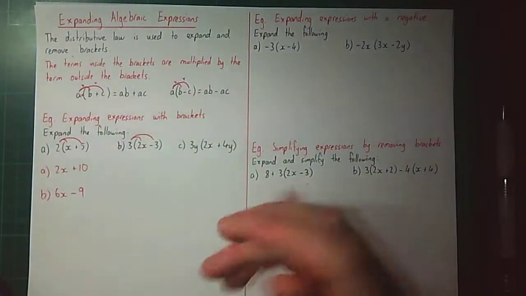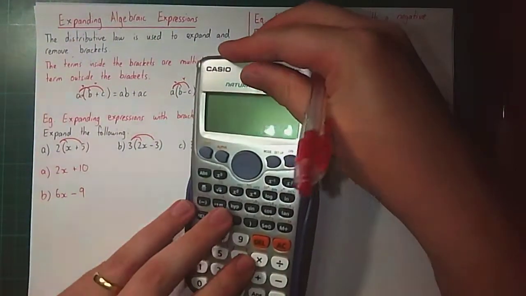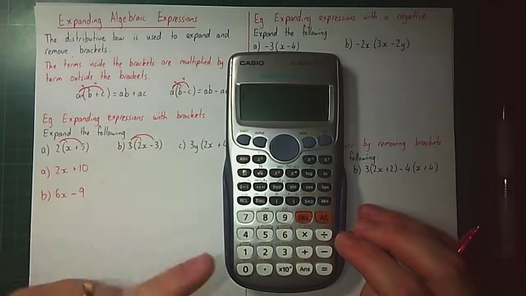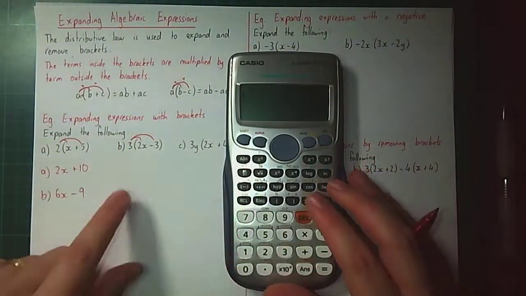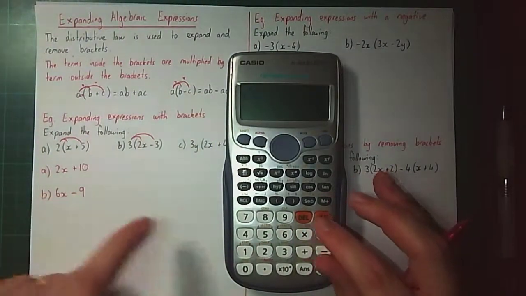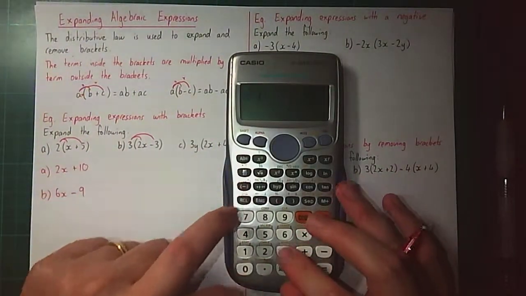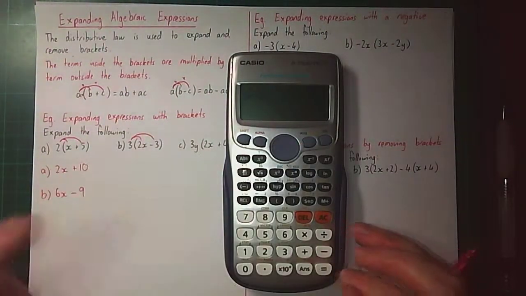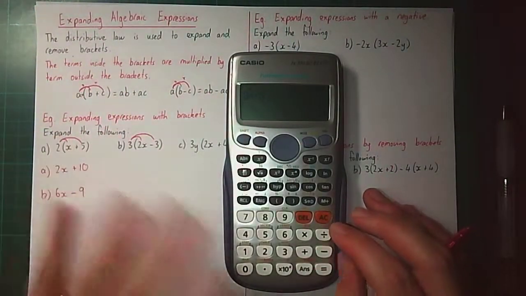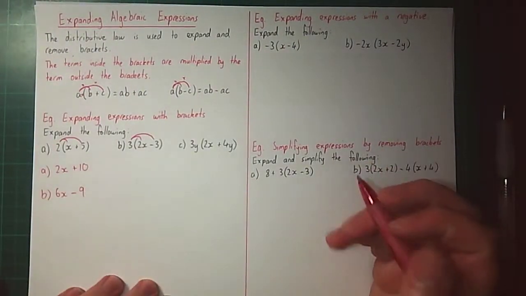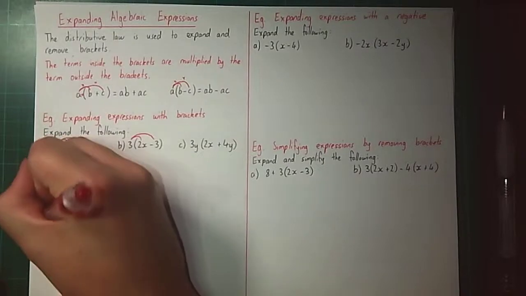Just for explanation's sake, you can do all the numbers using a calculator. If we did the 3 times 2, we're going to get our 6, and if we do the 3 times negative 3, we're going to get our negative 9. So it still works with a calculator. These are lower numbers, so we can try and do it in our head if possible, just to speed things up.